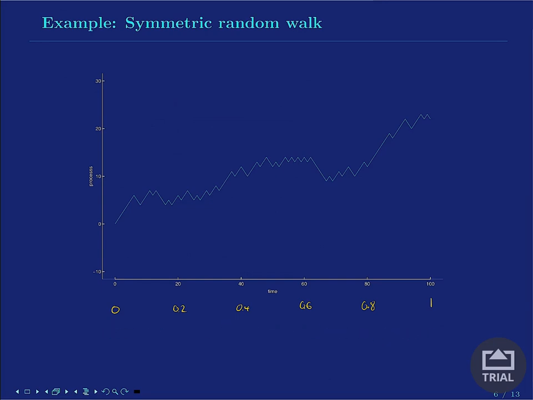Now the next scaling is that at the right endpoint we want to have a standard normal distribution, so the variance of the symmetric random walk must match the variance of a standard normal distribution. Now here the symmetric random walk with 100 steps, each step having a variance 1, has a variance of 100.